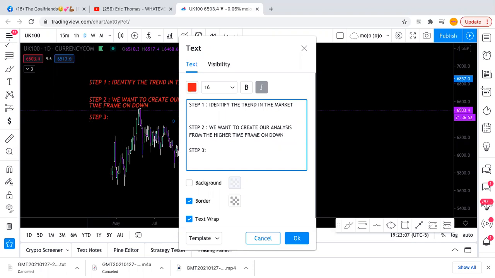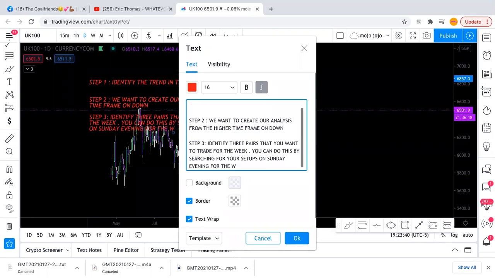Step 3, identify 3 pairs that you want to trade for the week. You can do this by searching for your setups on Sunday evening for the week.